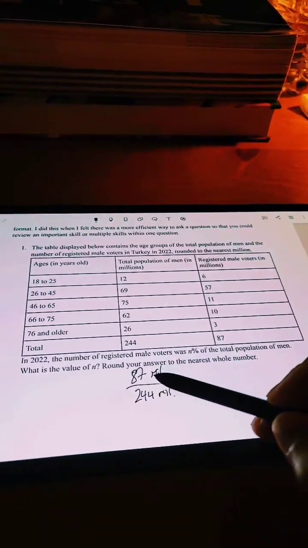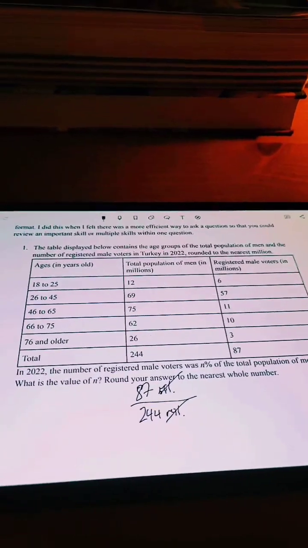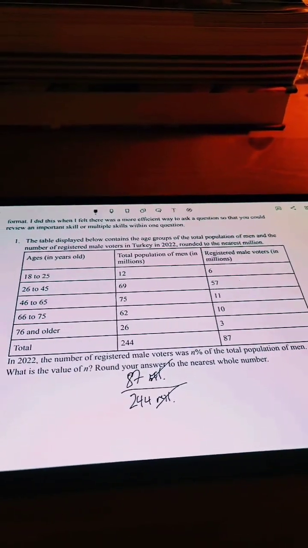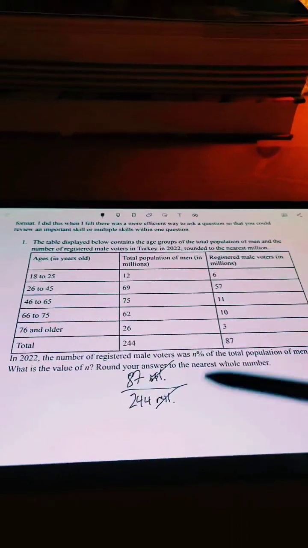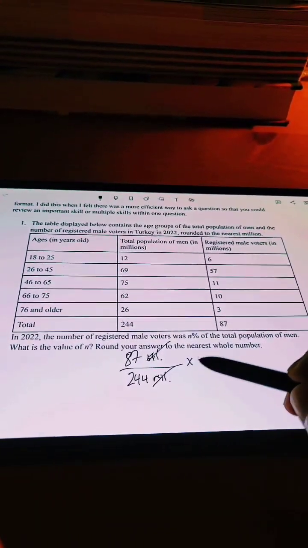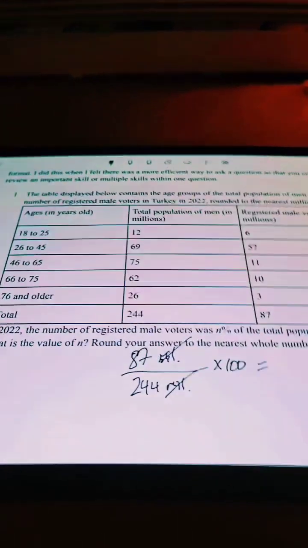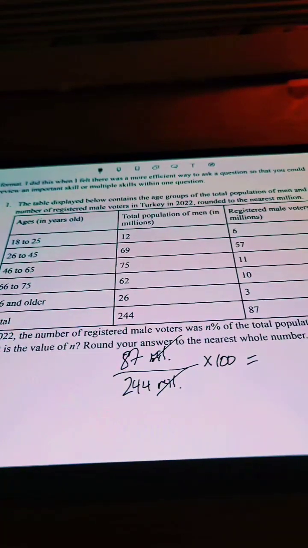Now, you can cancel out the millions. You could have written out all the zeros if you wanted to, but if we're talking about 87 million over 244 million, we could just cancel out the million. And then we could multiply that by 100 to get the percent. Let's put that into a calculator really quick. Remember, on this version I'm using a computer calculator, so it's going to be a little slower, guys, sorry.